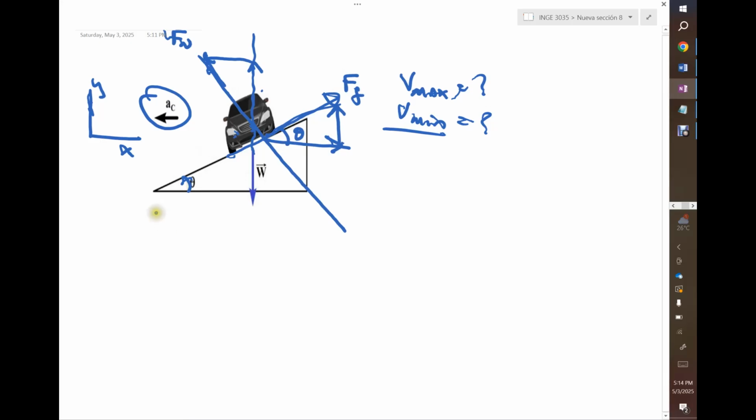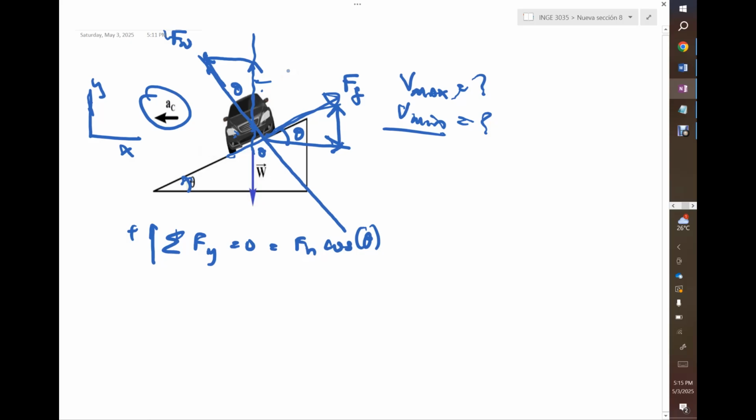Now do the same again as we did before: the sum of all the forces in Y, positive up, equals 0. There's no acceleration on the Y axis. We have Fn, and this angle here is theta, and this is theta as well. So Fn times the cosine of theta, this force here, is going up.